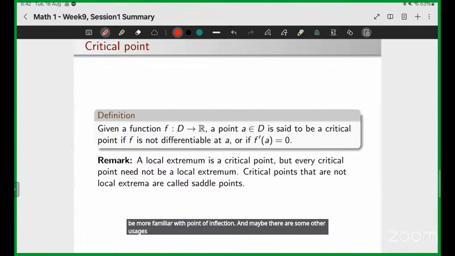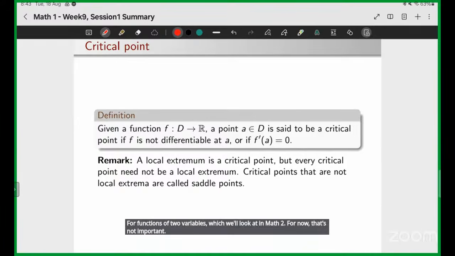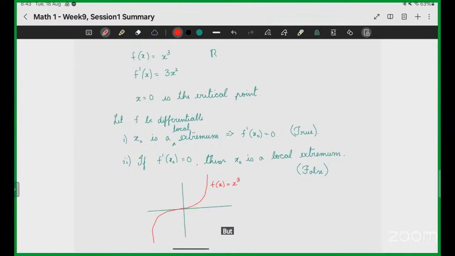But in this course, we will be using the term saddle points. The terminology becomes more clear for functions of two variables, which we'll look at in math 2. For now, that's not important. But the important point is that the derivative can vanish while the function is still not locally maximum or minimum at that point.